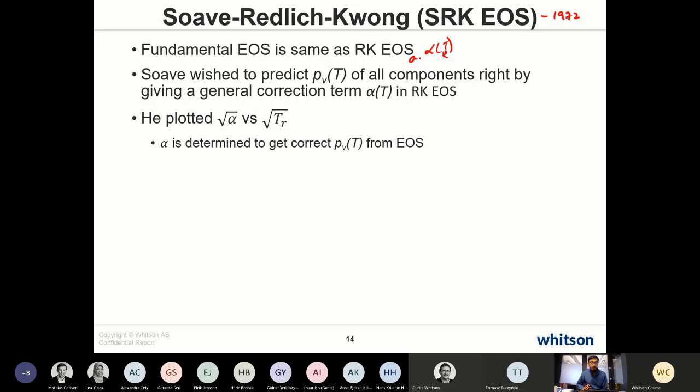He started plotting the square root of alpha versus the square root of the reduced temperature for the known components. Here you see 3 points.